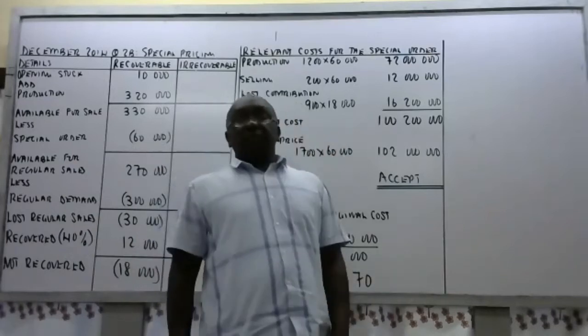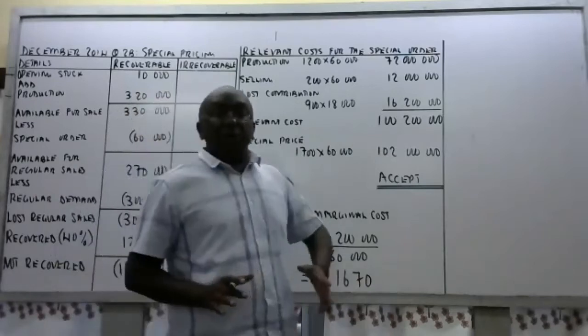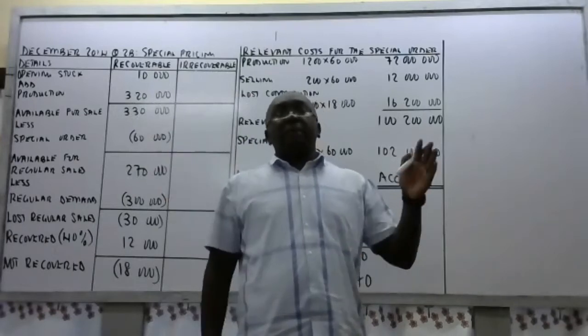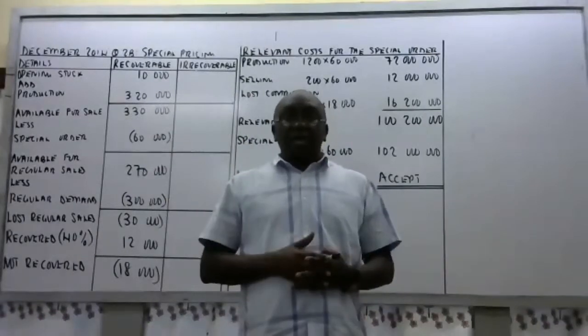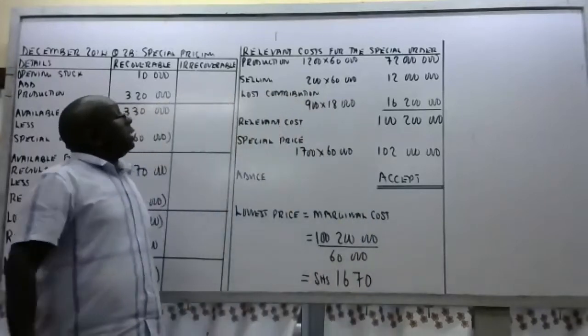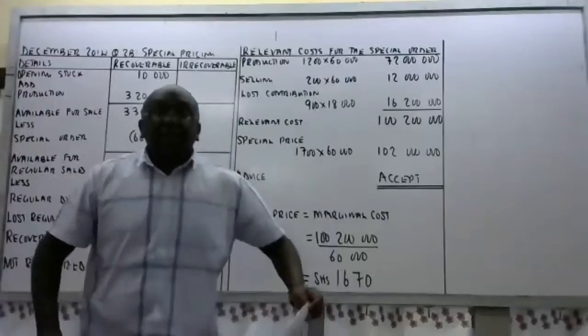So that means if they were to pay 1,670, we will be indifferent. We will not be able to say with clarity whether we take or abandon, because either way there is no gain. Either way the net position remains. So that is the way to go about it.